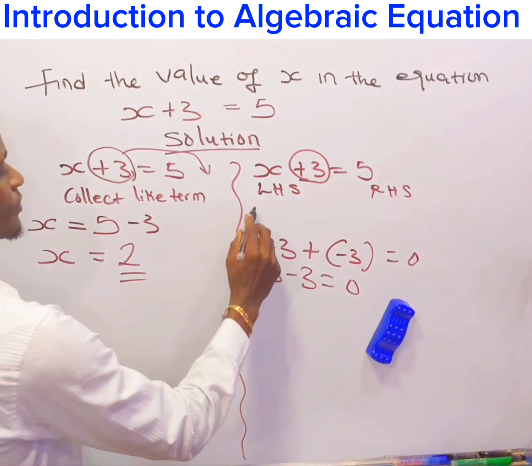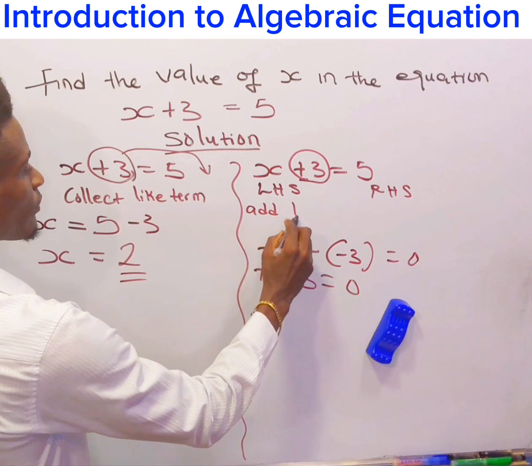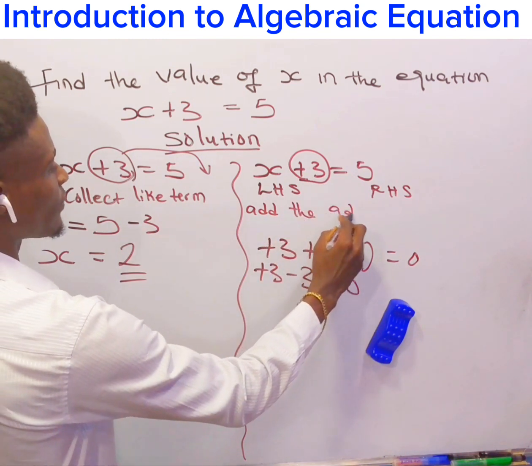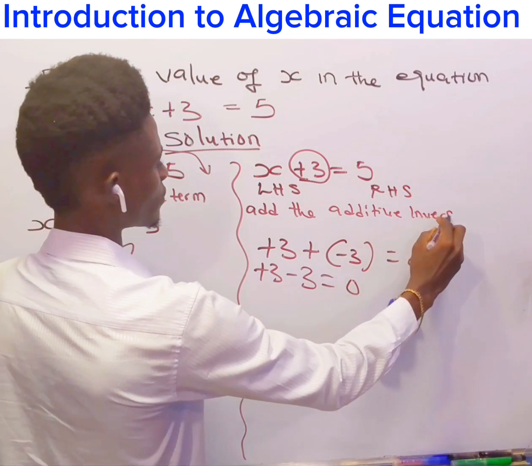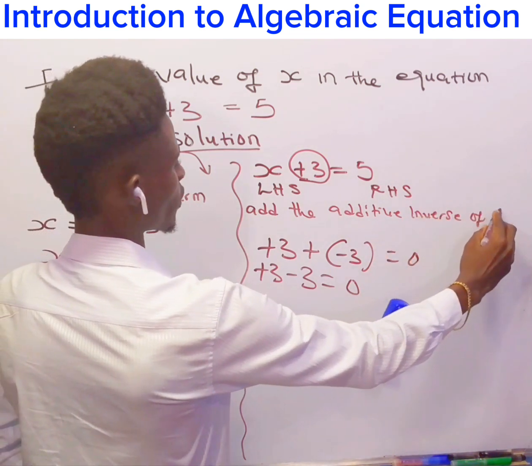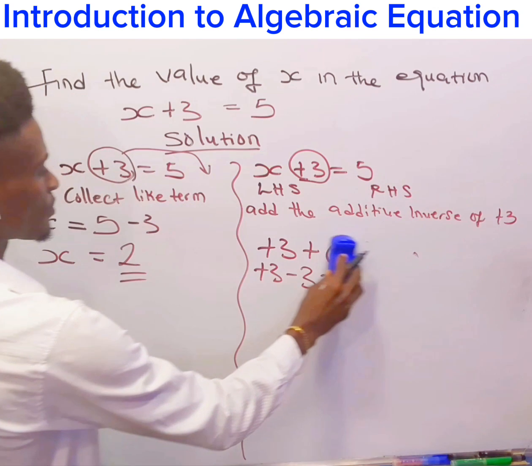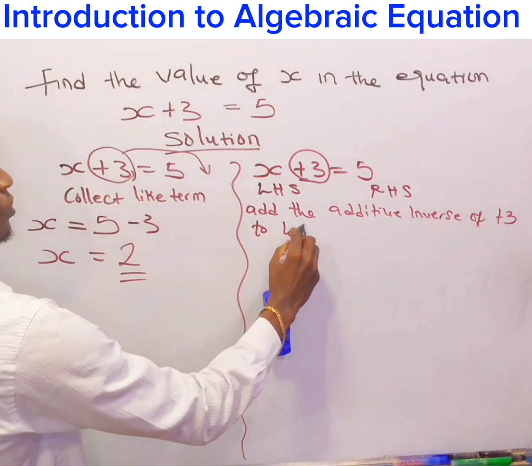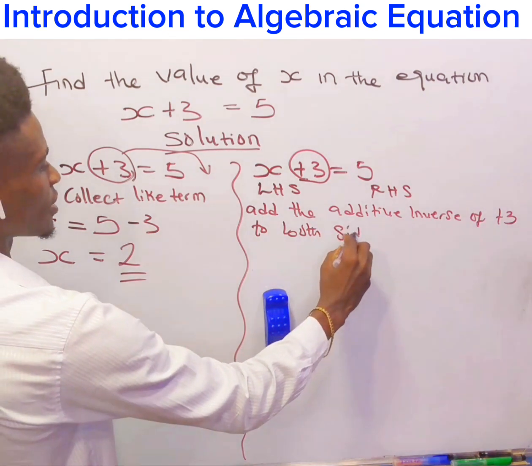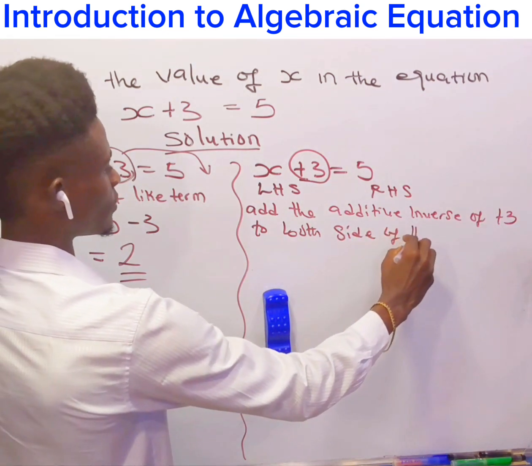So we'll add the additive inverse of plus 3 to both sides of the equation.